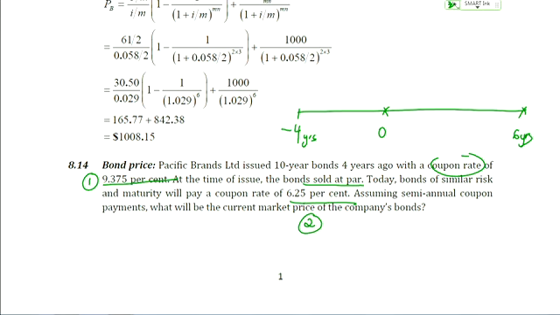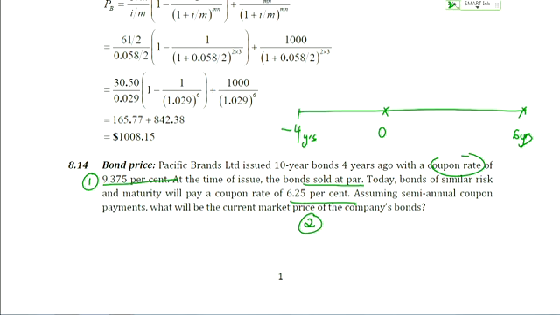Even now, the situation has changed, and that's why other similar bonds are paying less than your bond. You can't do anything because it was fixed. That coupon rate was fixed 4 years ago, and it's going to be fixed for the next 6 years. So 9.375% is the coupon rate of the bond. So what is that 6.25%? That should be the discount rate, right? Because if it is the coupon rate of other similar bonds, it should be the required rate of return for any investor who wants to hold that kind of bond.